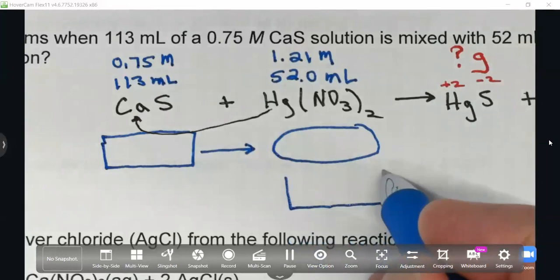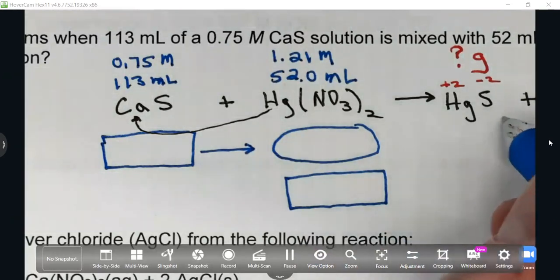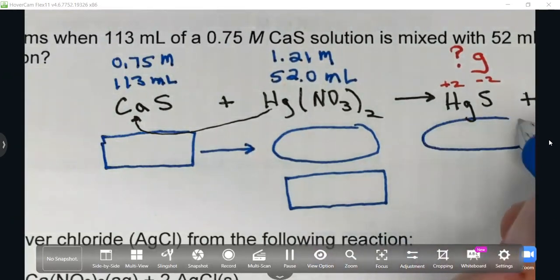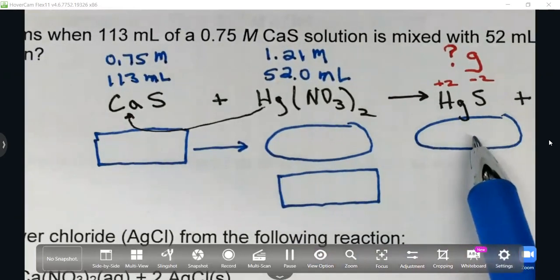And then how many moles do we have? Then this will give you your moles of HCS product.